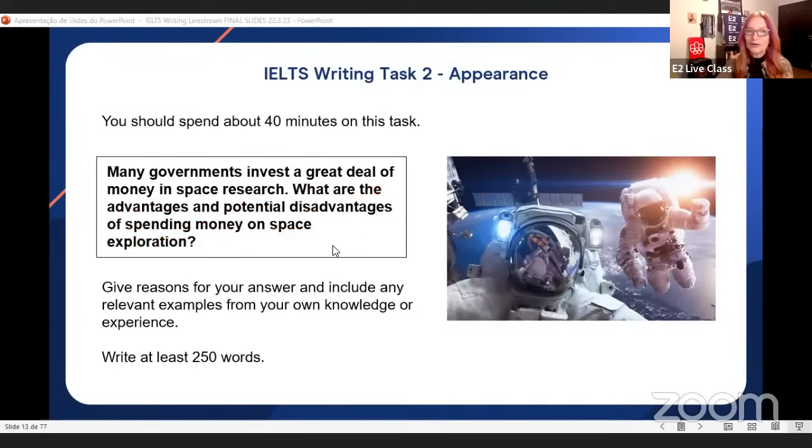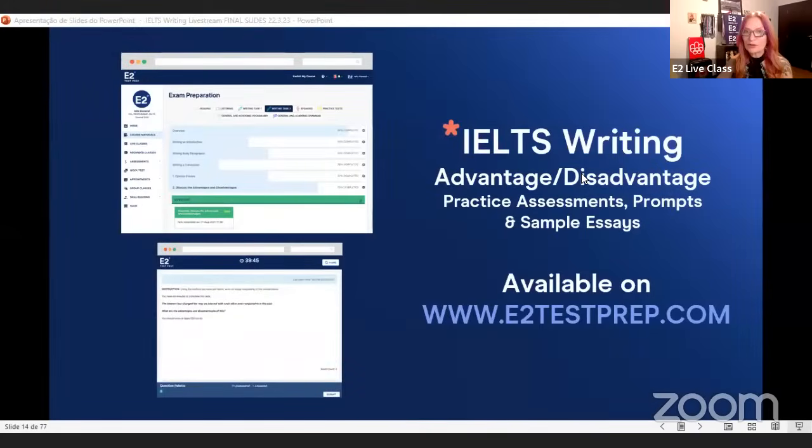Now, in order to do so, in our E2 test prep, in the practice session, there is one essay of each type for you to go through, analyze how it's been structured, and also a practice activity with the timer, with all the layout of testing. Also, the assessments.